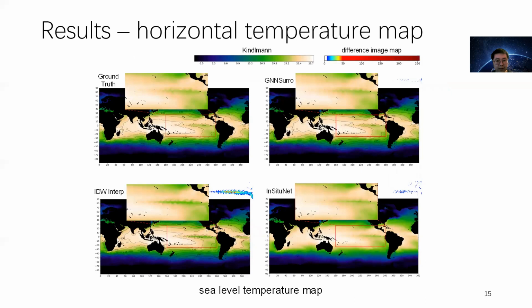We evaluate our method on the MPAS Ocean dataset. We first visualize the predicted simulation data by horizontal temperature maps. We compare the predicted result with the ground truth and baseline methods. The images shown here show that our method has minimal difference to the ground truth compared with other methods.